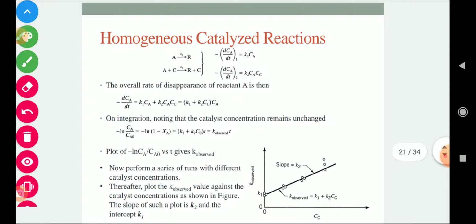Now in the next example, we assume a homogeneous catalyzed reaction. As you know, catalysts are used to enhance the rate of reaction because they decrease the total activation energy required for the necessary conversion. So some of the reactant present in the reactor is directly converted into product.